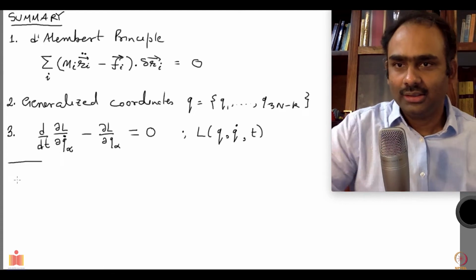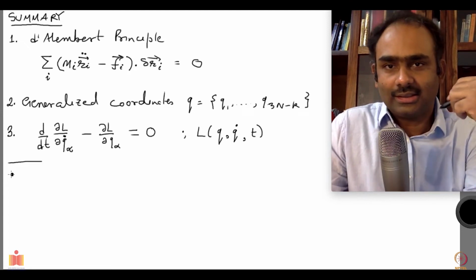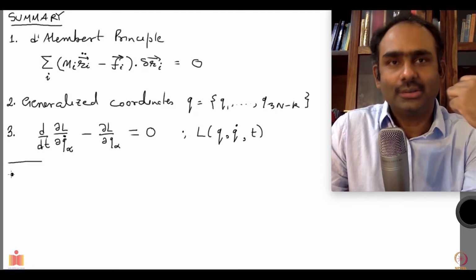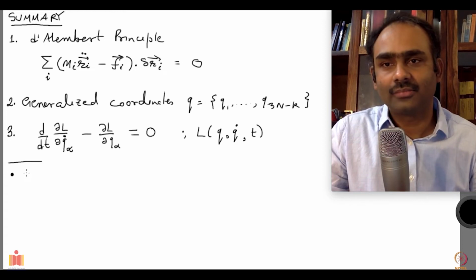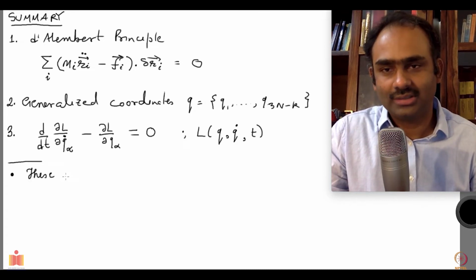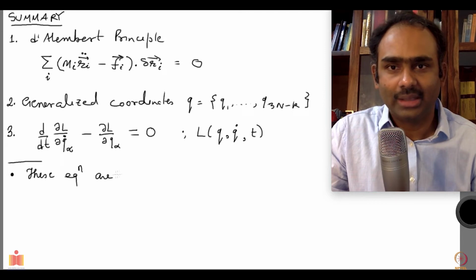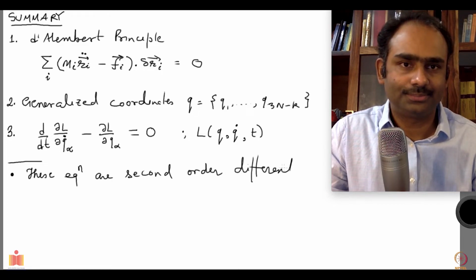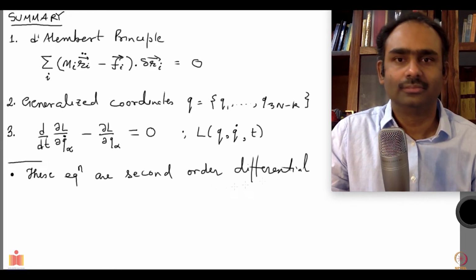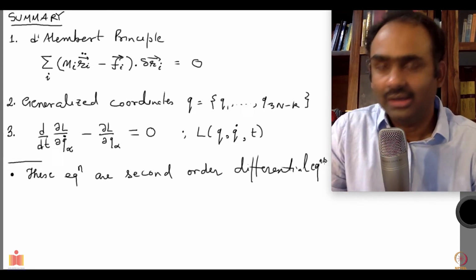So point number 1: note that these Euler-Lagrange equations are second order differential equations. Why are they second order?